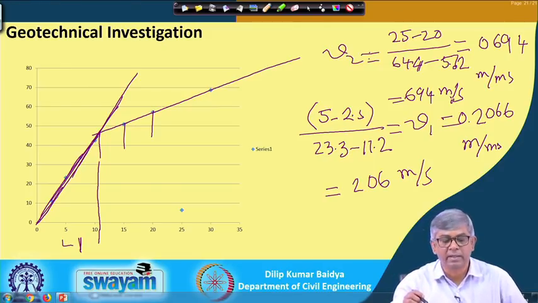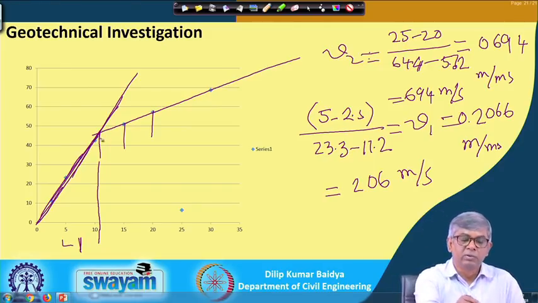This is by assuming these 3 points are exactly in a straight line, and similarly I assume that all 4 lines are exactly straight lines, then I have taken that one and using those I calculate.